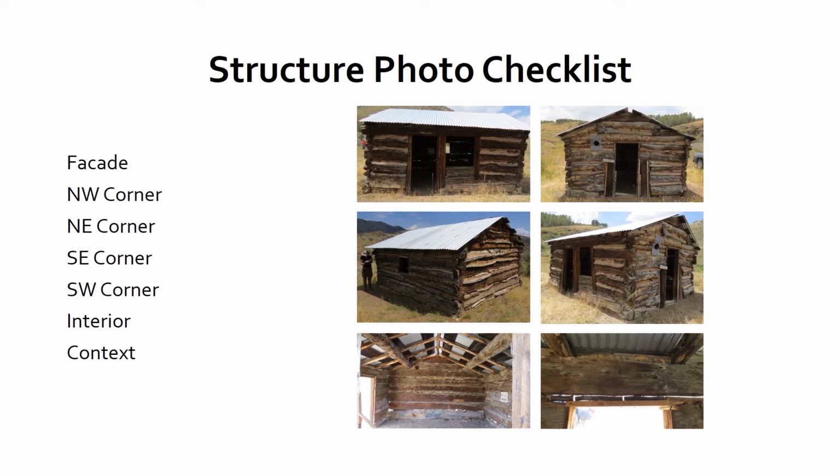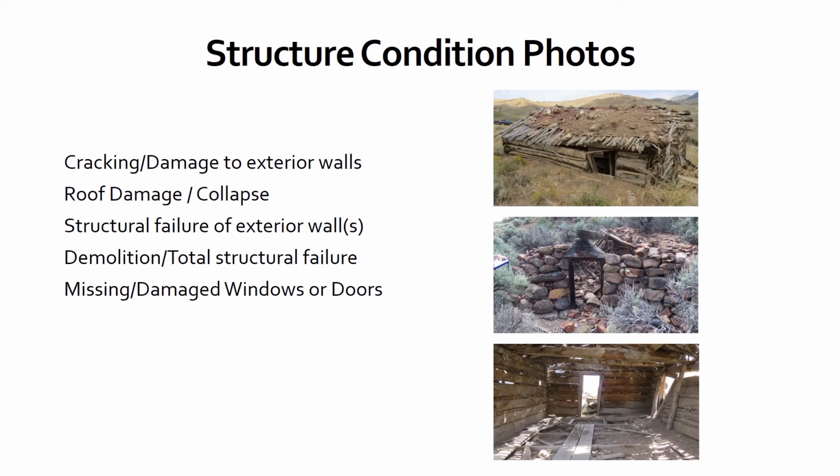All right. When you're taking photos, you want to take photos from the facade or what you consider to be the front, which may not have one, and then each corner, and then the interior if it's safe, and any kind of context. And then you also want to take any condition photos. So if there's cracking or damage, demolition, missing windows, doors, whatever you can see.